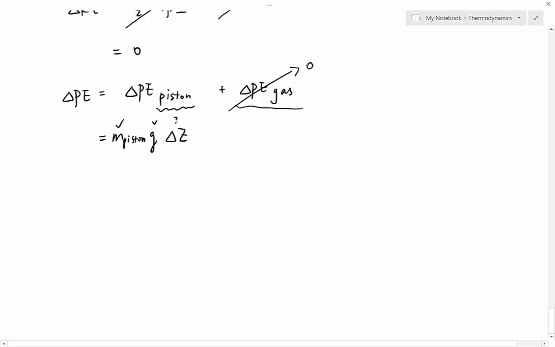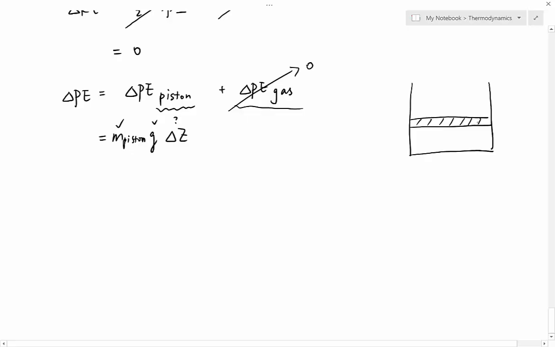So we know the gas will expand and push up the piston. So the piston does change in terms of height. So there is a delta Z and it's not equal to 0. And what is it? If you look at the diagram again, let's sketch the diagram here. This is the cylinder and this is where my piston is initially.